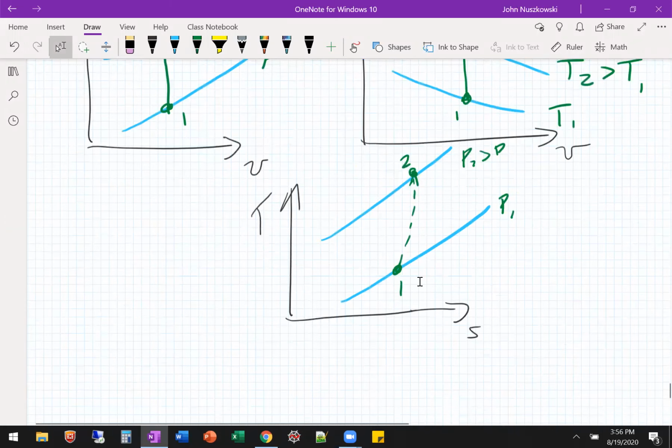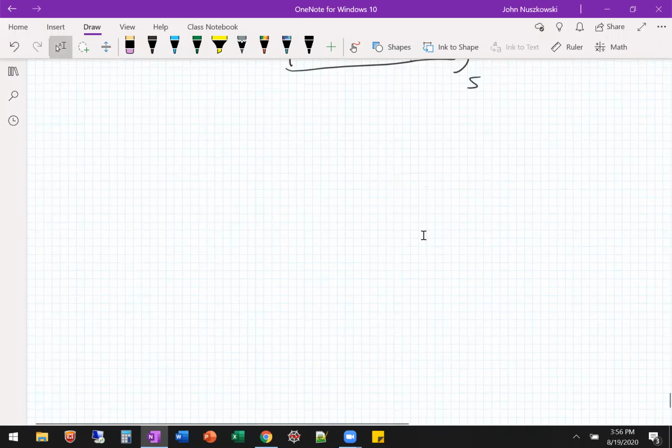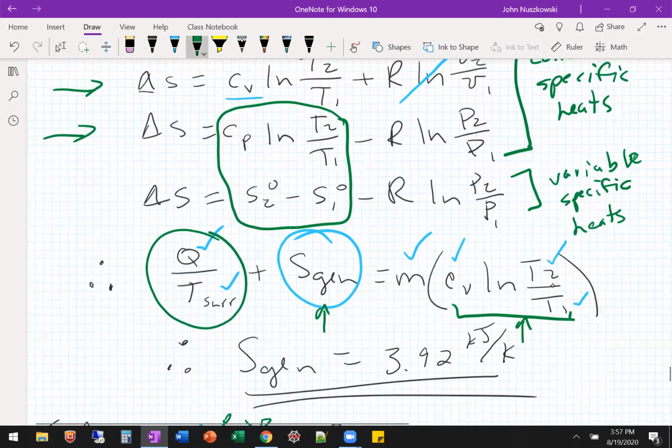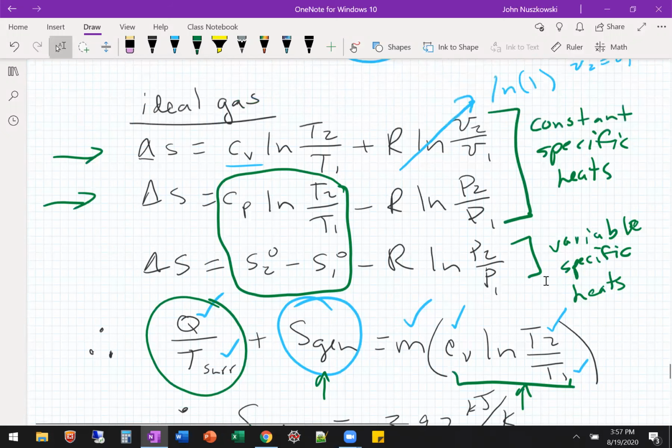All right, so any other questions on that one? Wait, so how did we know it was increasing? I'm a little lost on that part. We can just calculate it from this, from CV natural log T2 over T1, and that would give us a positive delta S. Because that's all we're plotting is the property of S. So we could just use these equations to figure it out, right?